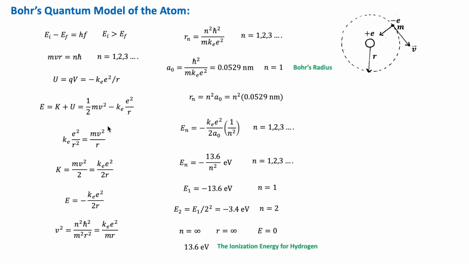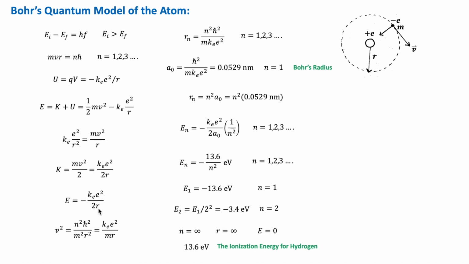And we have from Newton's second law, force equals mass times acceleration, this equation where v squared over r is the centripetal acceleration, okay? So mv squared over 2, which is the kinetic energy, we can find from here to be equal to ke e squared over 2r. And if we substitute this into this equation, we get an expression for the total energy of the atom, which is minus ke e squared over 2r, okay?